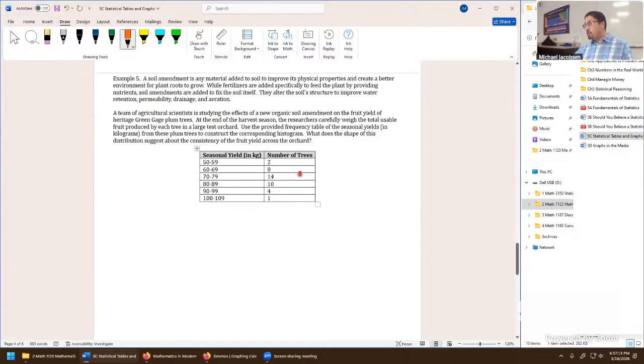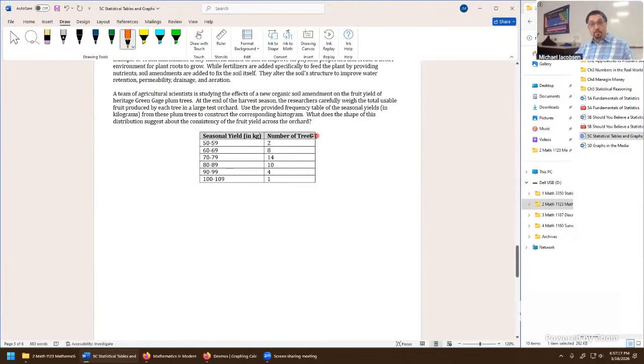This one has already done the work of building out the frequency table for us. So here we have the bins. It looks like they're at width 10. So width 10 bins. This column here is the frequency, number of trees.